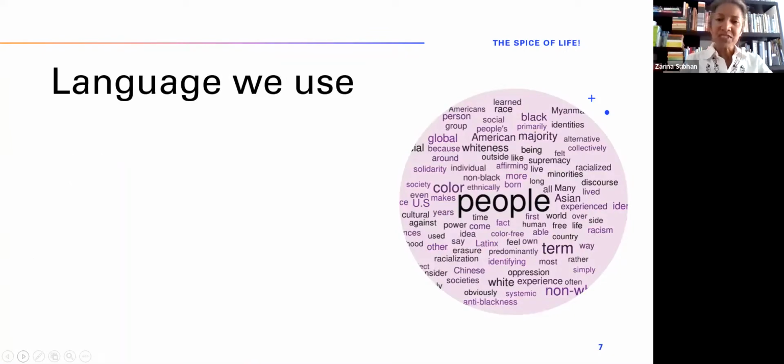And I put into a cloud map, I think it's called, an article that someone wrote on the topic of what should you call people and what should we be called. And it's been written by a person who lives in the United States and is of Vietnamese and American upbringing. So born in Vietnam, lived there until the age of 8, I think it was, and then moved to the US.